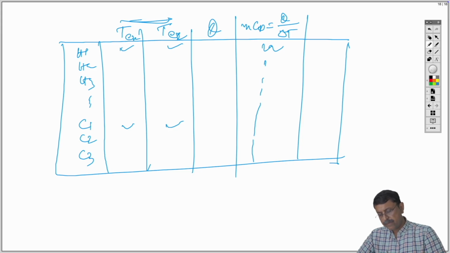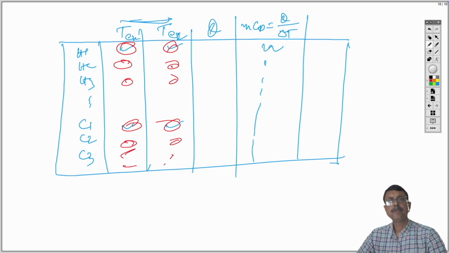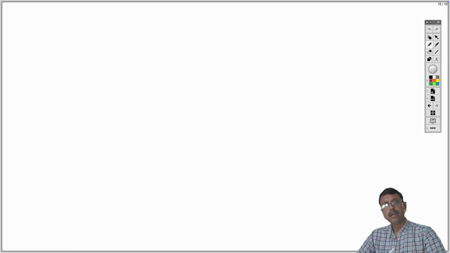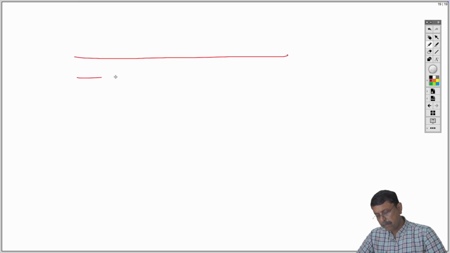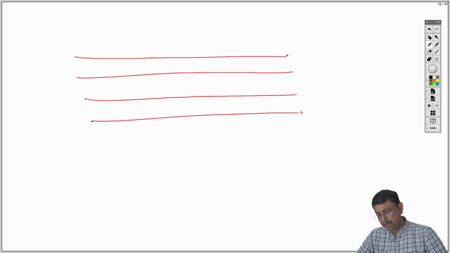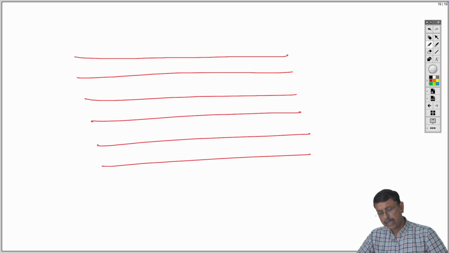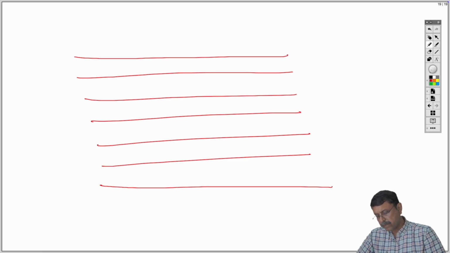Okay, and you have to identify all the individual temperatures of them. Okay, so whatever the temperature limits that you have, those temperatures you have to identify, and then you have to create a table of this nature. In that table you will have parallel lines like this which represent individual temperatures. Okay, so these are the individual temperatures line. So maybe it is T1, this is T2, this is T3 and so on.